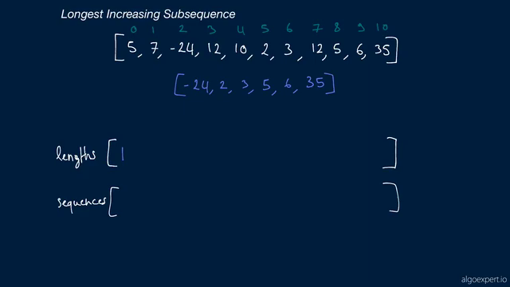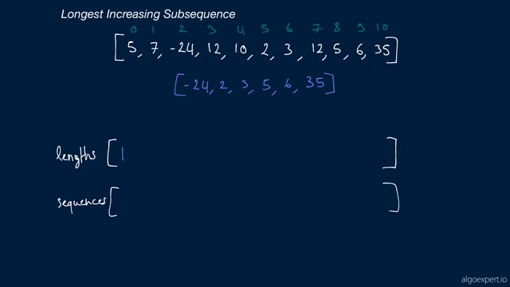And now we can say, are there any numbers that come before 5, or before rather index 0? No, there aren't, right? Because this is the first value in our array. So there's nothing that comes before it. So we're done. The longest increasing subsequence at index 0 is going to be a subsequence of length 1. And what do we put here in our sequences array?